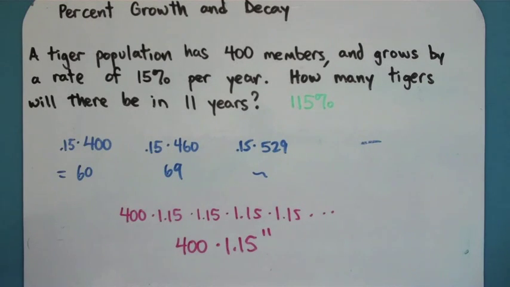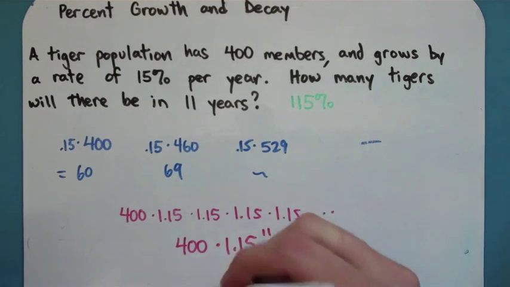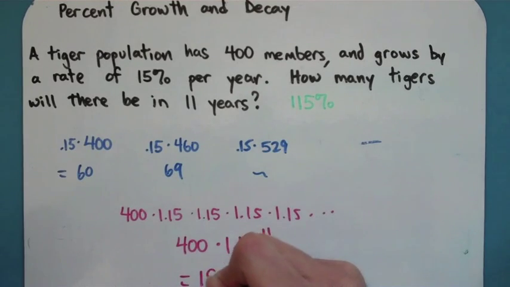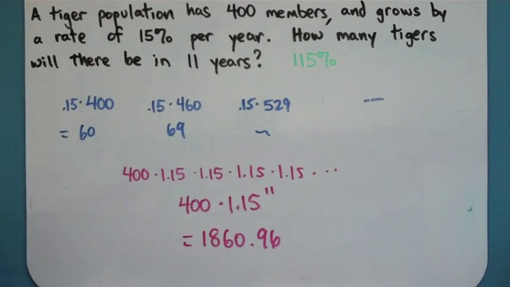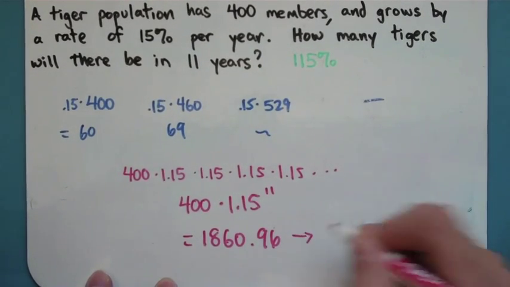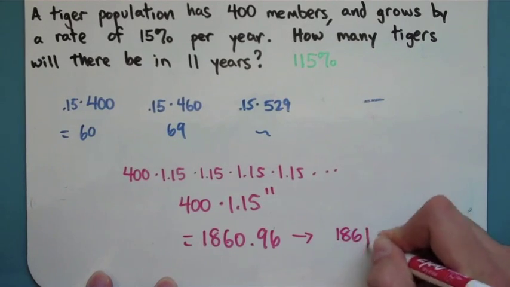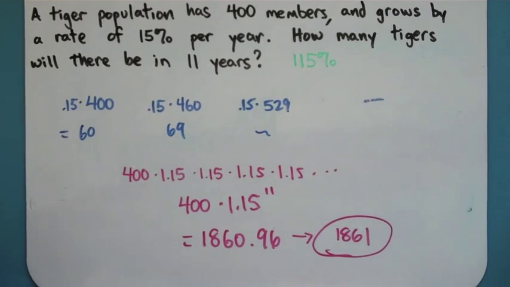We end up with 1,860.96 tigers. Of course, you can't have decimal tigers, so I'll round that and say there are going to be 1,861 tigers.